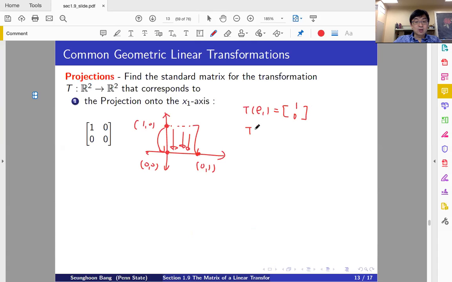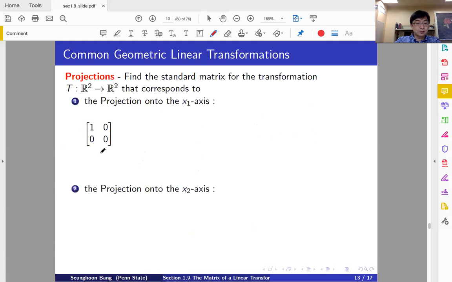T(e2) goes to the origin (0, 0), just projecting onto the x1 axis. That's the whole idea: T(e1) doesn't change, T(e2) goes to (0, 0).